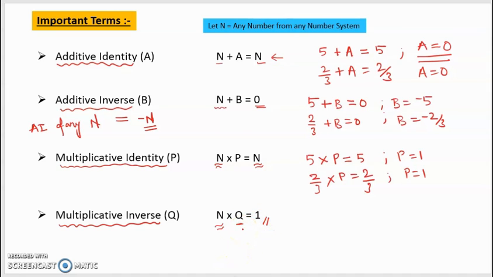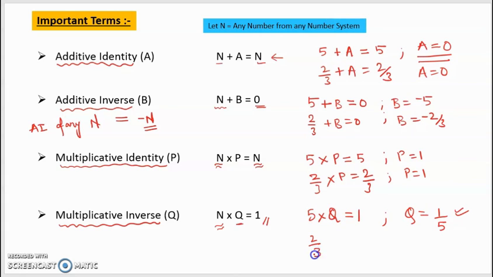It is very interesting to find out what this number will be. Let's take 5 as the number. If it is multiplied by q, the answer has to be 1. So this implies that q will be equal to 1 by 5. So q is nothing but the inverse of the number 5, 1 by 5. Let's take a rational number.